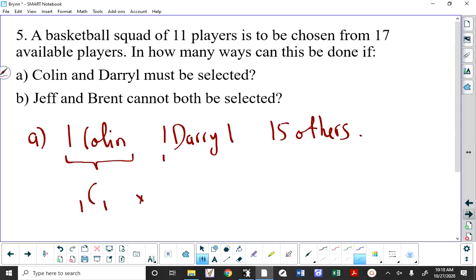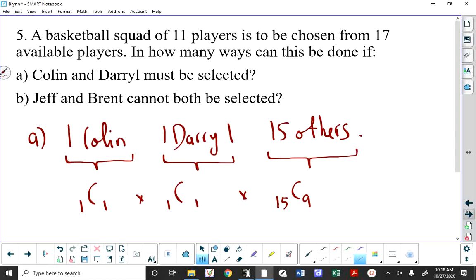And of the pool of one Daryl, you need to choose that one Daryl. And of the pool of 15, you need to choose 9 more players because you need 11 in total.